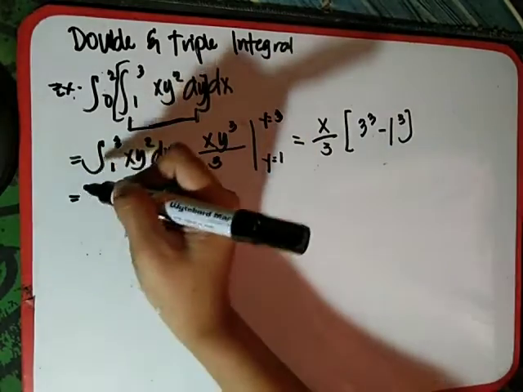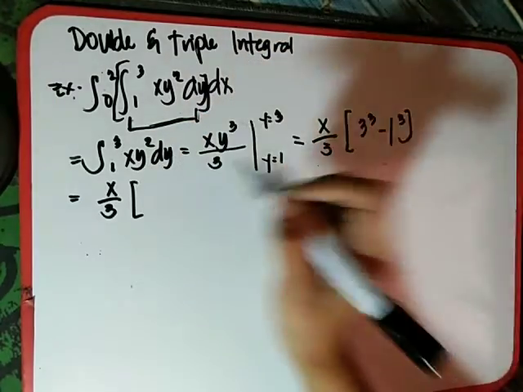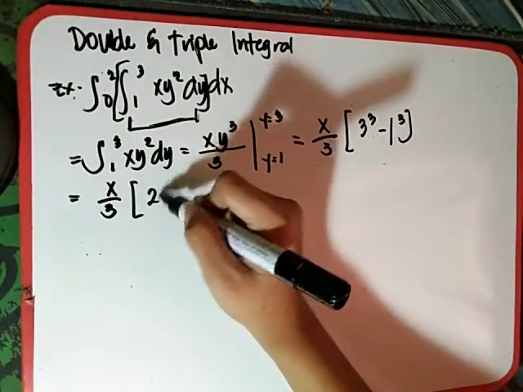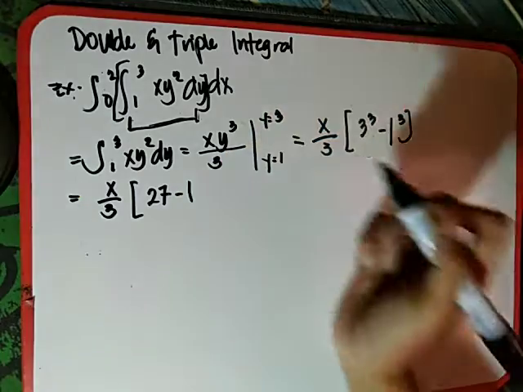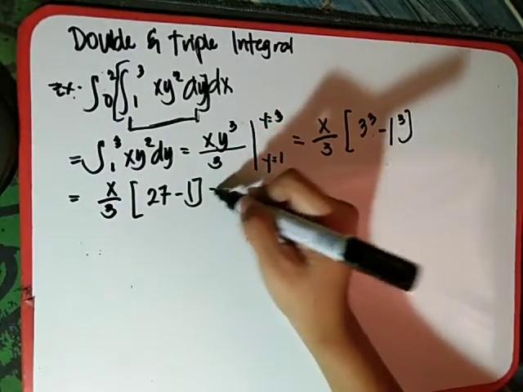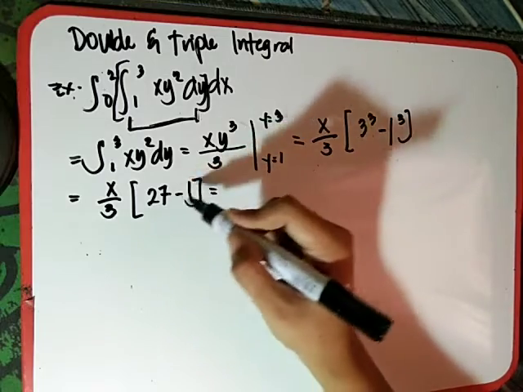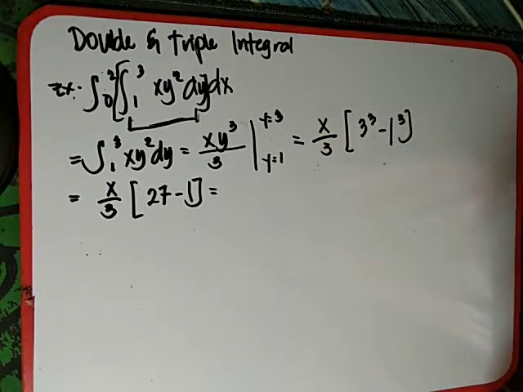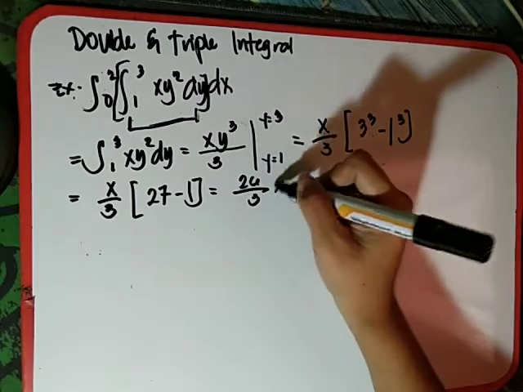So we have x over 3, 3 raised to 3 is 27, minus 1 equals, this is 26, so we have 26 over 3 x.